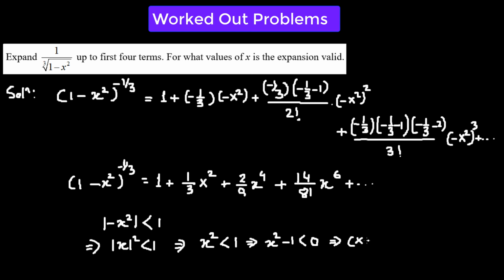Then we can do a further simplification by applying the identity: x minus 1 times x plus 1 is less than 0. This means x lies between negative 1 and positive 1. So for all values of x lying between negative 1 and positive 1, the expansion will be valid.